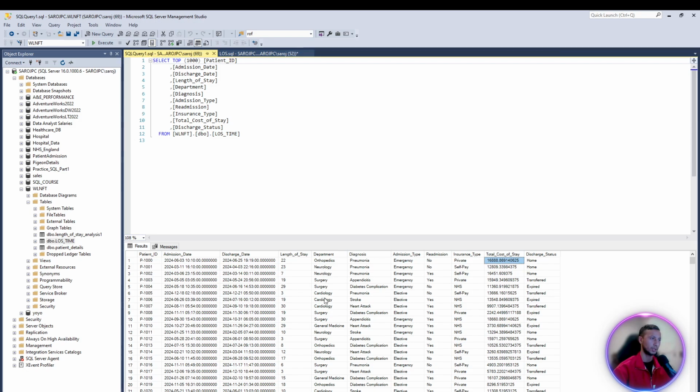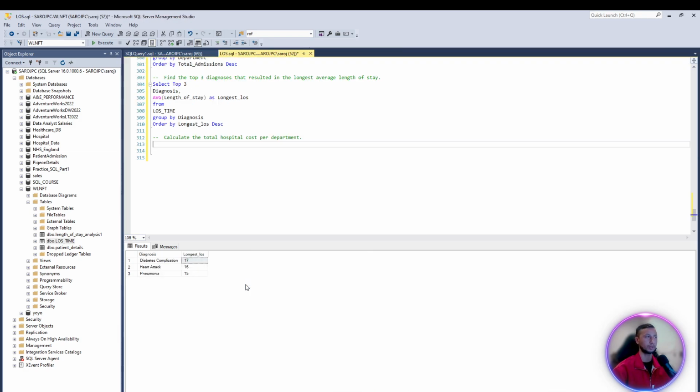Likewise, it will scan and go for another orthopedics and add this value. Similarly, it will go for neurology and add this one and another neurology, this one, right? So this is how the group by function works.